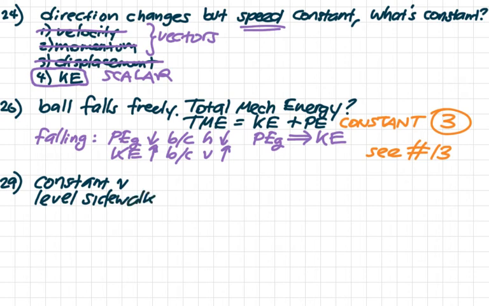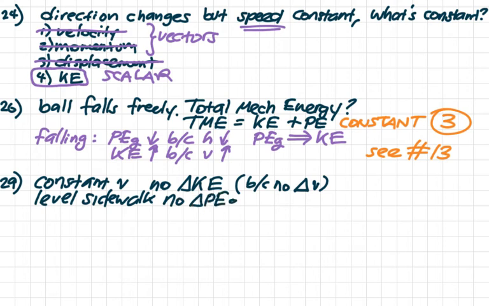So if that's the case, constant speed means there's no change in kinetic energy, because there's no change in speed. And then the level sidewalk means there's no change in gravitational potential energy, because there's no change in height.